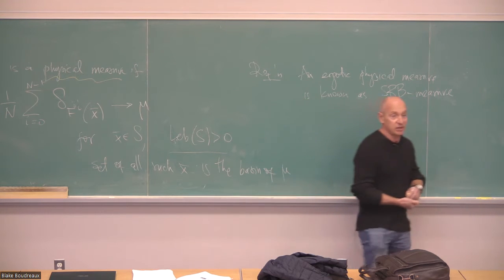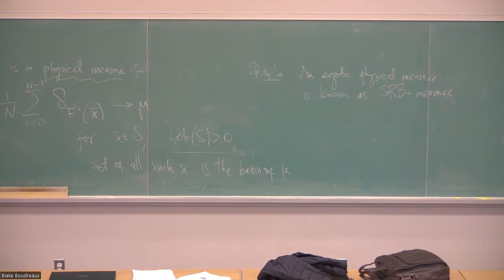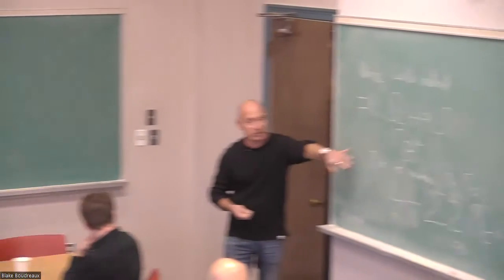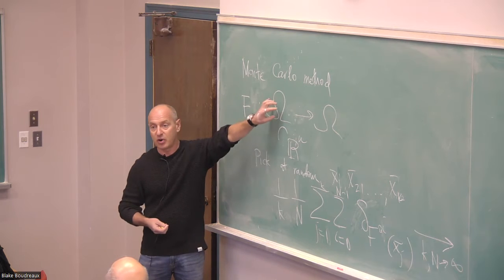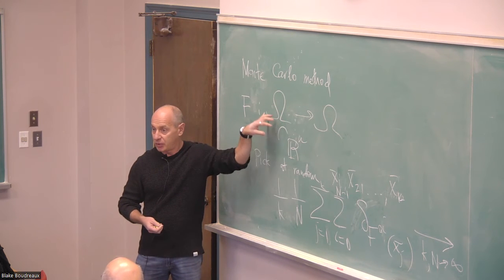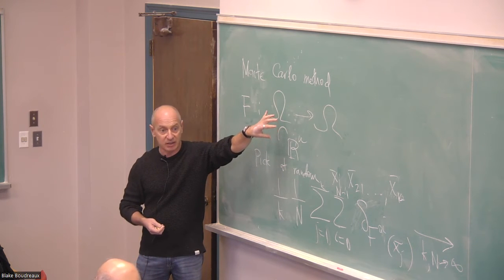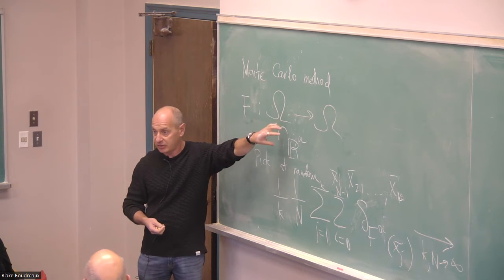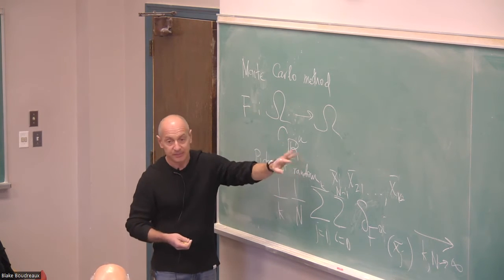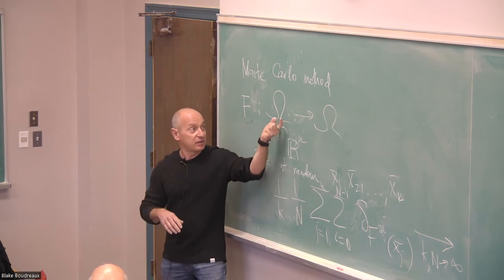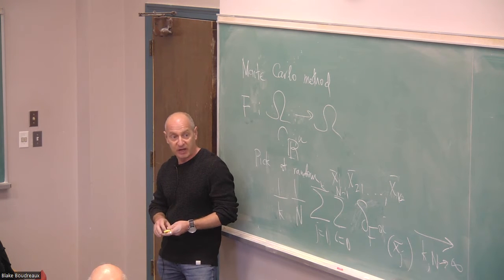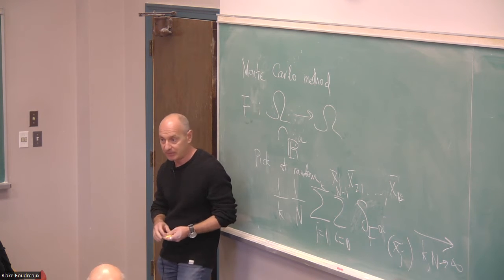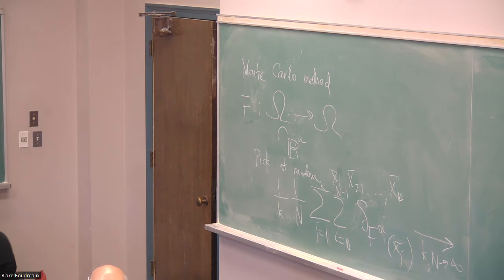But that's not necessarily an obstacle to Monte Carlo, right? Because you don't really care what happens on small portions of the phase space, because you're unlikely to find yourself there. So as long as most of omega is covered by a finite collection of basins of SRB measures, you're in good shape. Okay, so that's a mathematical setup.